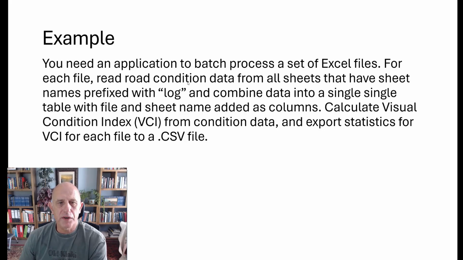Let's say you want to read road condition data from all sheets that have a sheet name prefixed with the word log, and then combine that data into a single visual table with file and sheet name added as columns. Then calculate the visual condition index from the condition data and export statistics for the VCI, that's the visual condition index, for each file into a CSV file.